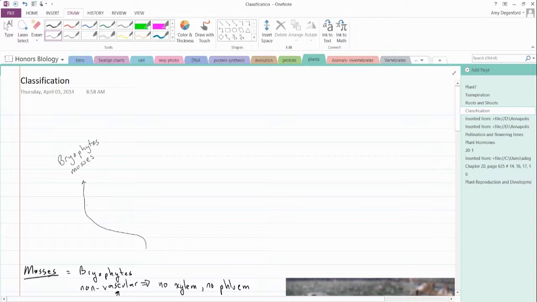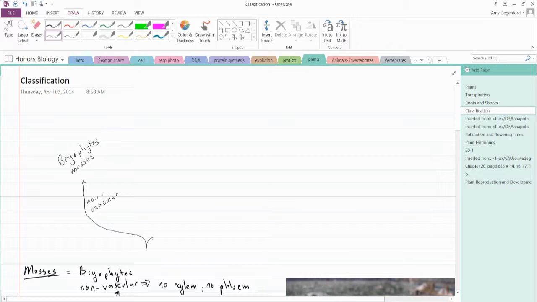The mosses, the bryophytes, are non-vascular, and the vascular tissue is a set of tubes, the xylem and the phloem, and this helps them transport water and sugars. Now, bryophytes don't have that.